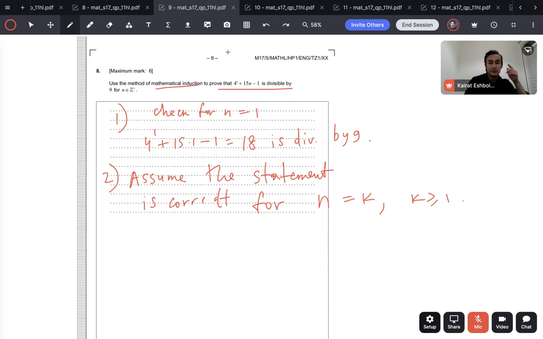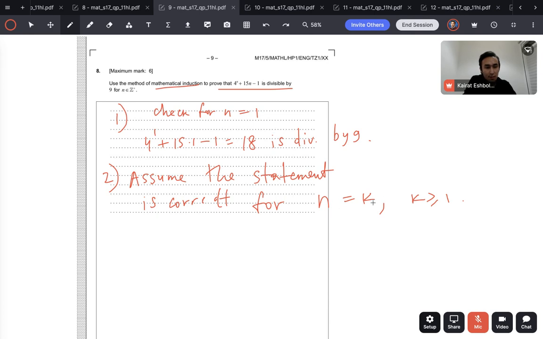If we assume it for k and prove it for k plus 1, we can prove it for k plus 2, k plus 3, k plus 4. The main thing is that we are just naming it k, not choosing specifically 12 or 13 or 25. That's a very big difference. When you choose k, it can be any number. Extend it by 1 and you can do it for any number, even 1 million. That's the beauty of math induction. It's not a specific case, it's just k, some random number which we don't specify.